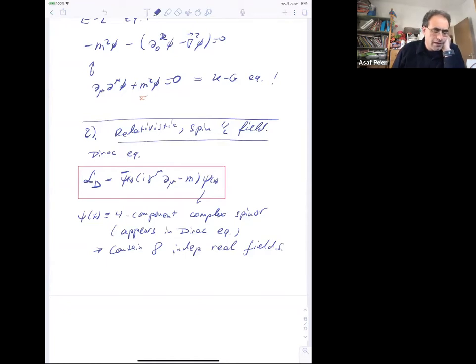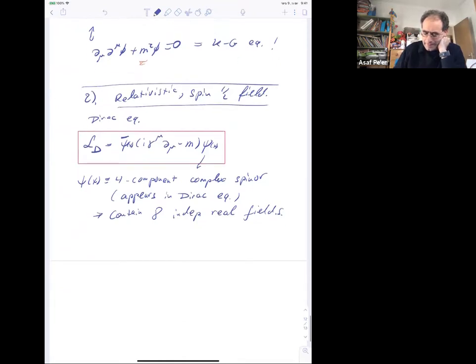So as independent degrees of freedom we take the 4 components of the spinor psi and the adjoint spinor psi bar. It's much more handy.